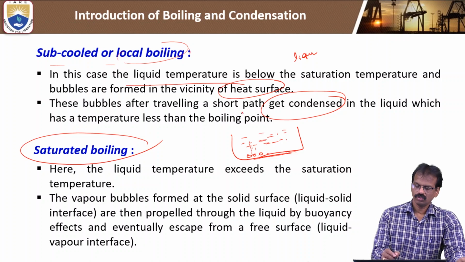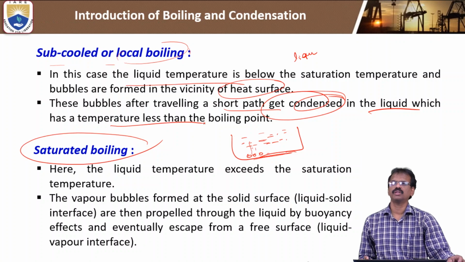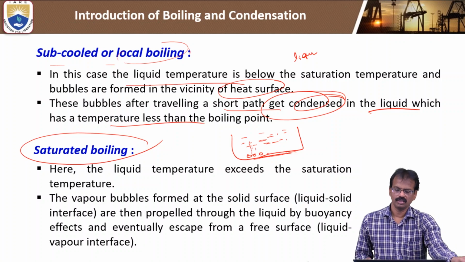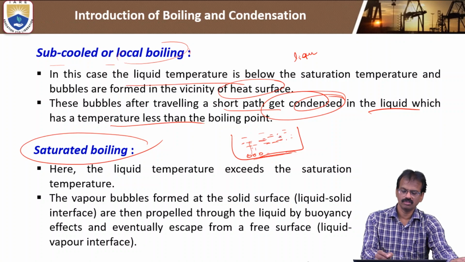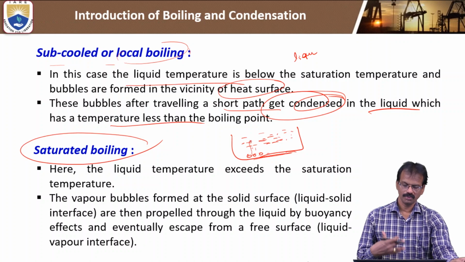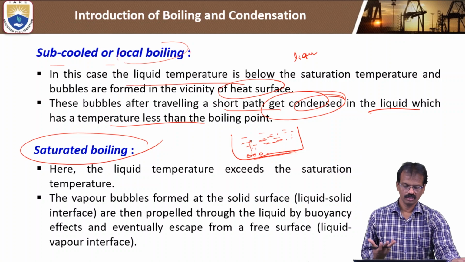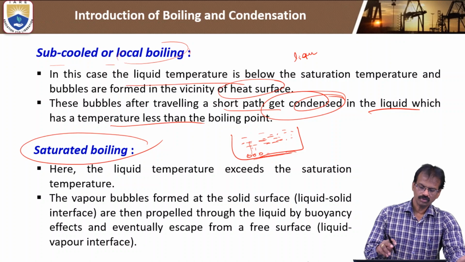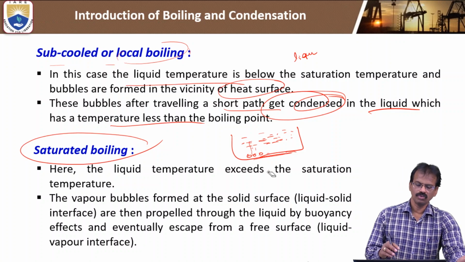After a short path they condense in the liquid, because the liquid temperature is less than the boiling point. The vapor bubbles will be condensed as water. So this process is nothing but subcooled or local boiling.